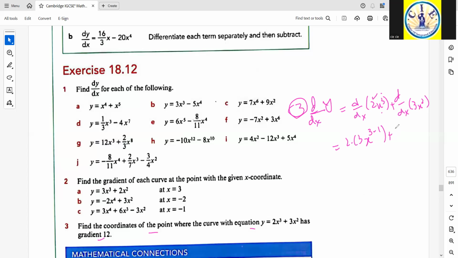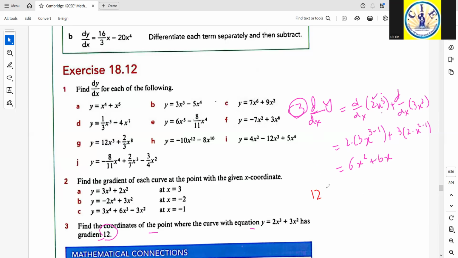And for this, 3 times 2 times x raised to the power 2 minus 1. This is 6x squared plus 6x. Now we need to have the gradient given and the question is 12. So I'm going to replace the value of dy by dx to be 12.